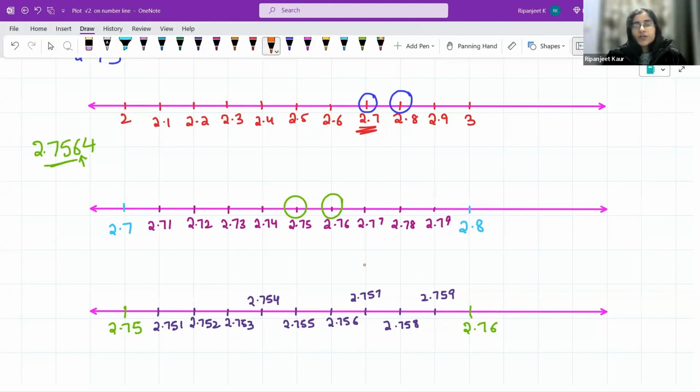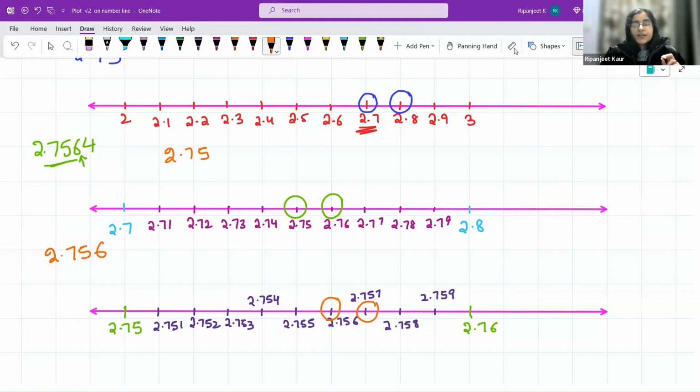Now here we located 2.75, right? And now the number is 2.756. 2.75 we have found here. 2.756 we have to find here. So here it is. 2.756. And the next number is 2.757. So the numbers are lying in between it.